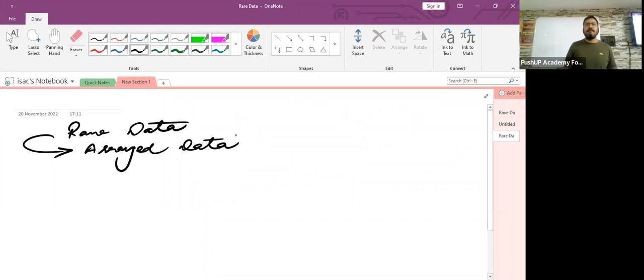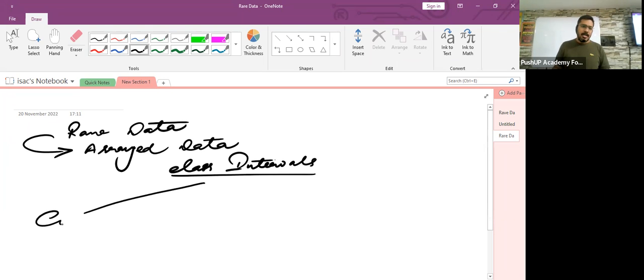Then what we learned? We learned that the arrayed data could be classified into class intervals, isn't it? And to teach you class intervals, first I said that there are two types of class intervals. One is continuous and the other one is discontinuous.